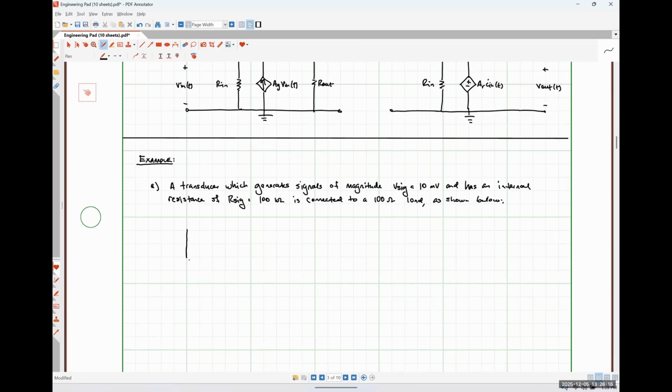So here's my 10 millivolt input signal. Here's my 100 kilo ohm signal resistance. Here's my 100 ohm load resistance.